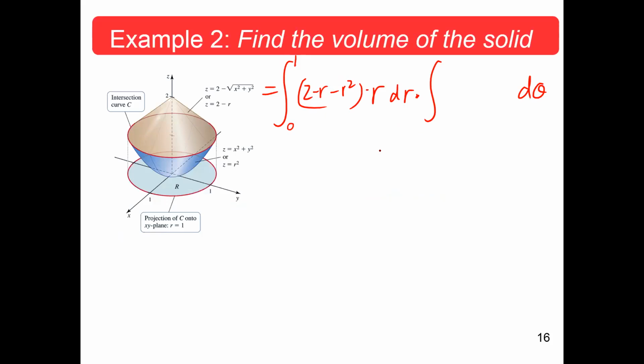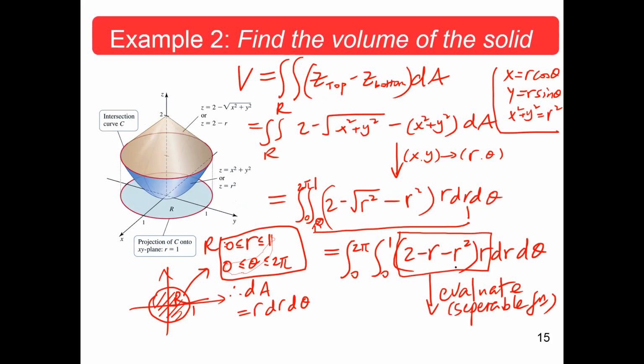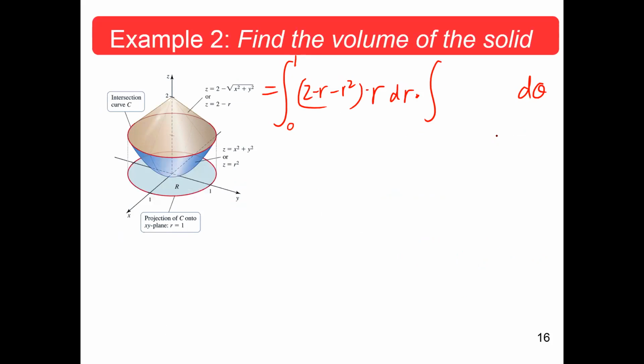That's the part about r. There's nothing here for theta, so it's just multiplied by 1 d theta, and theta goes from 0 to 2 pi.